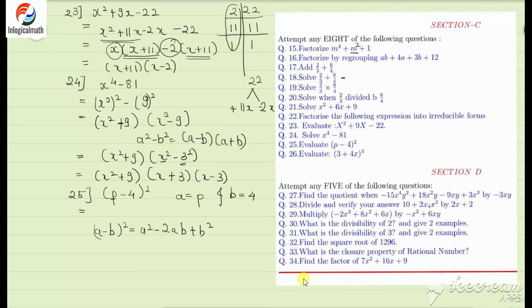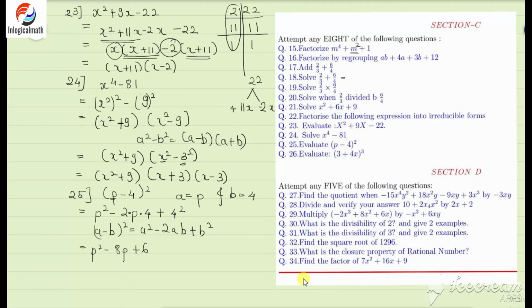So a square means p square, minus 2, a is p and b is 4, where the dot is considered a multiplication sign, plus 4 square. So we can write p square minus 8p plus 16.